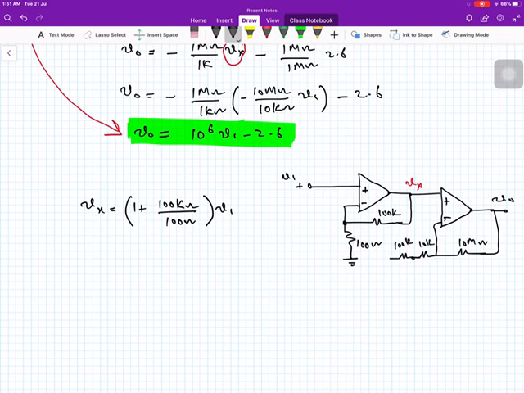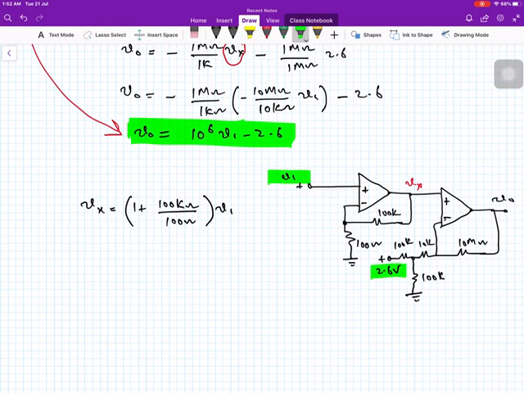There is another 100 kilo ohm resistance connected to ground, and 2.6 volt is connected to this input. Now this is 2.6 volt and this is V1.